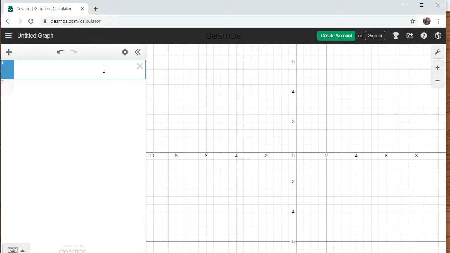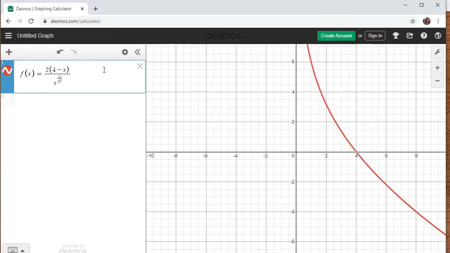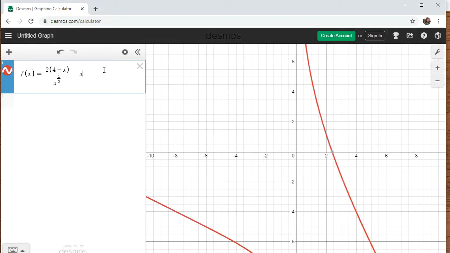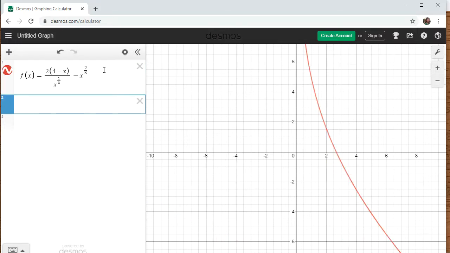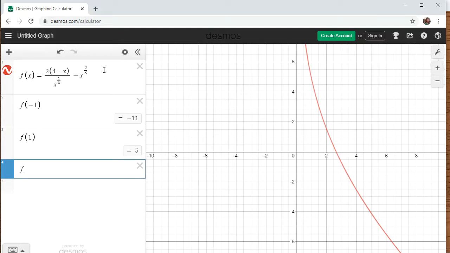First of all, I could just type in the derivative, f of x equals, and my derivative, which was 2 times 4 minus x, divided by x to the 1/3 power, minus x to the 2/3 power. So I evaluated this at -1. I don't need the number, so I didn't actually calculate the number as -11. I just need to know that it was negative. Okay, I can do that again. F of 1, that one's positive, and then f of 10, that one's negative.